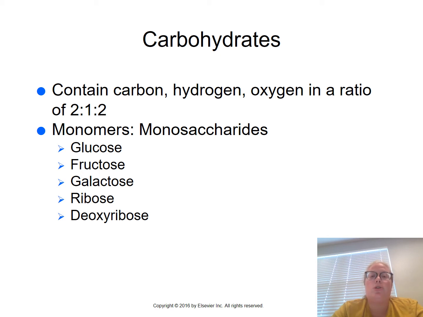So it contains 1 carbon, 2 hydrogen, and 1 oxygen. Monosaccharides are simple sugars that contain 3 to 7 carbon atoms in an aldehyde group or a keto group. Examples of monosaccharides there are glucose, fructose, galactose, ribose, and deoxyribose.